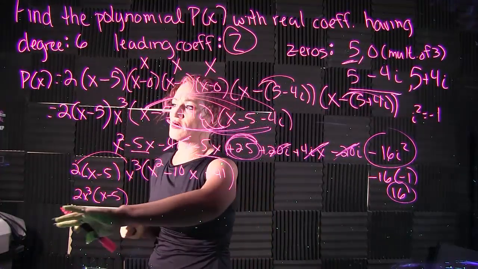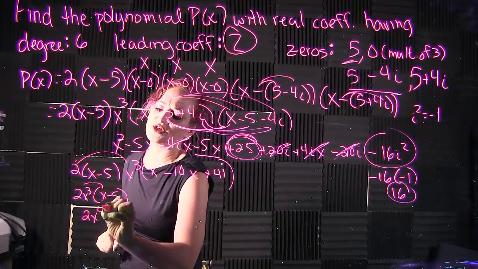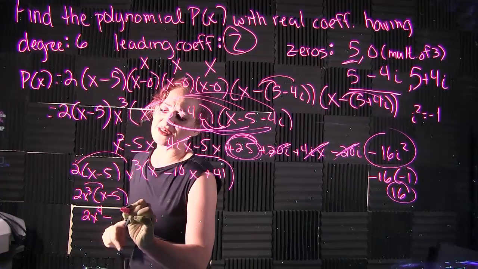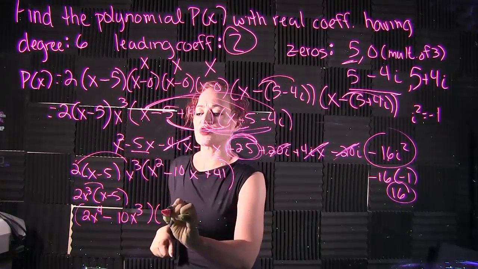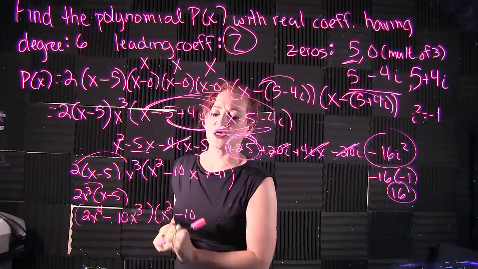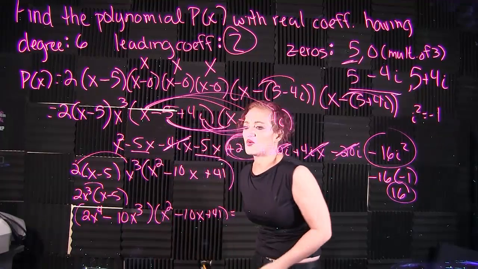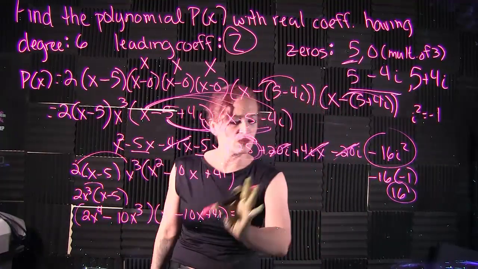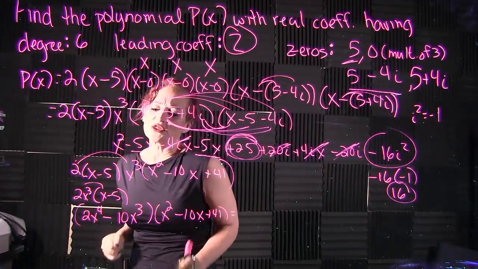When I multiply these pieces out, I am left with 2x to the 4th minus 10x cubed. And then I'm going to drop down my trinomial, this x squared minus 10x plus 41. And once we have this all multiplied, we will know what our polynomial equation is going to look like here. So let's multiply.